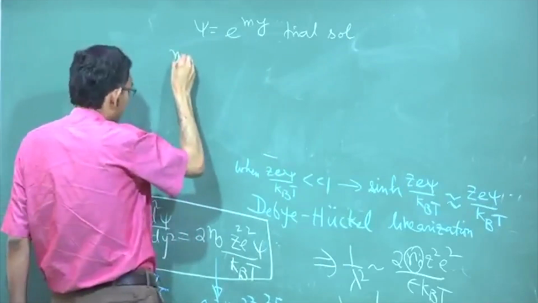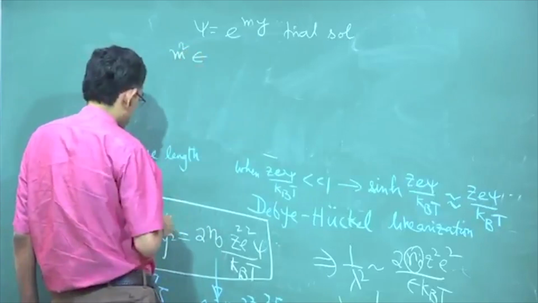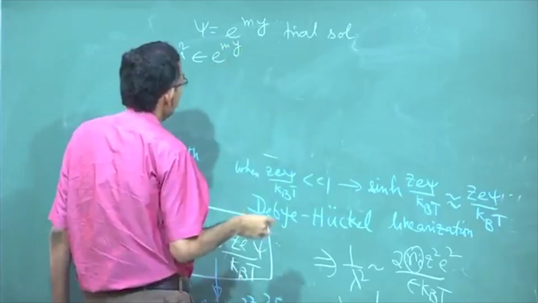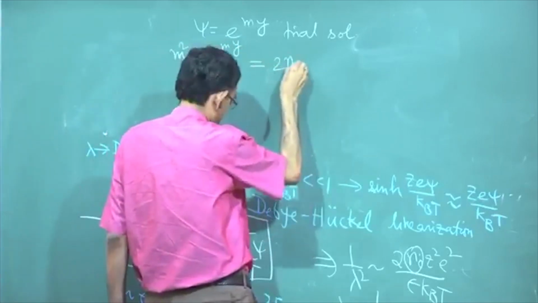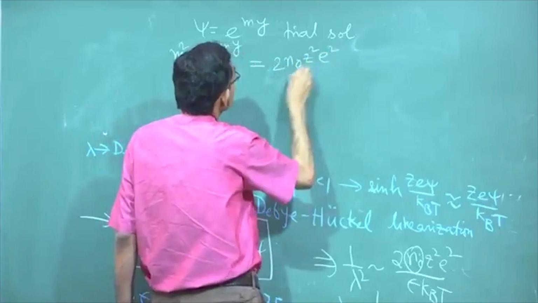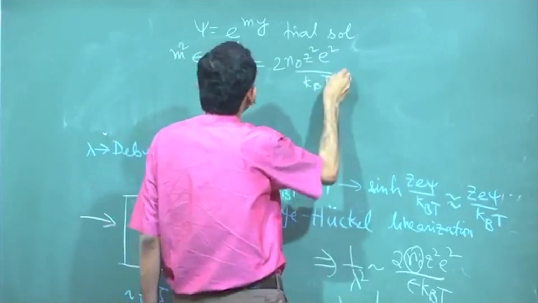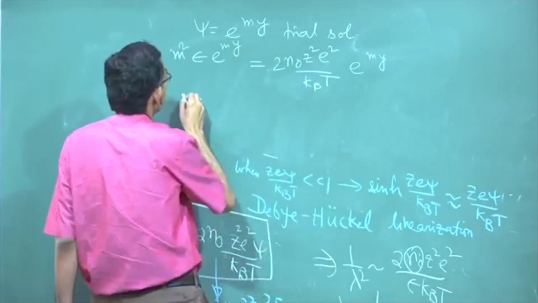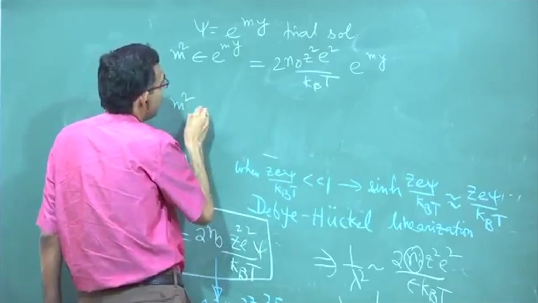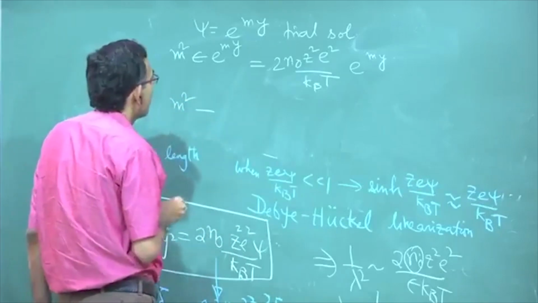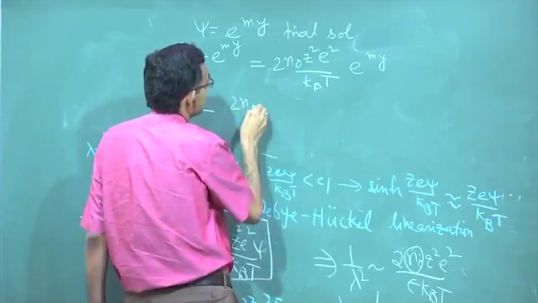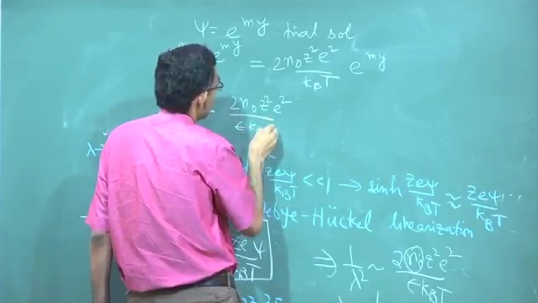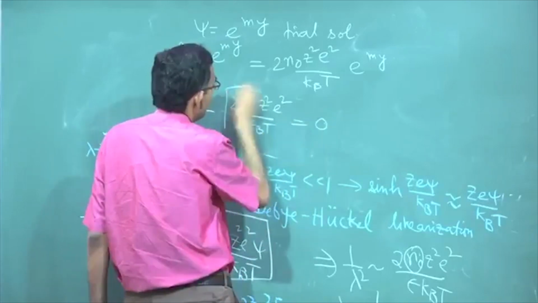So m square e to the power my is d2 psi dy2, so m square minus, so this is 1 by lambda square.